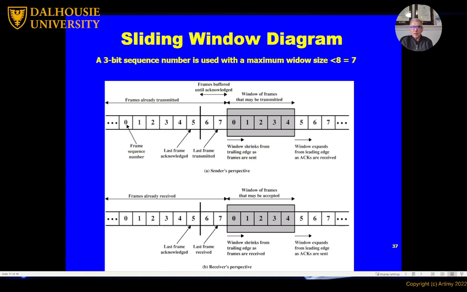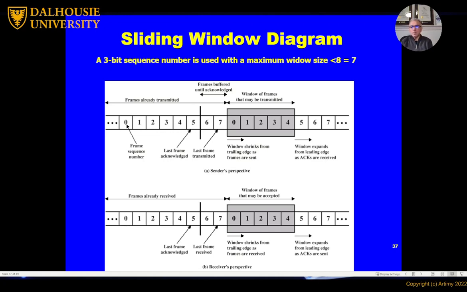That number depends on how many bits we use to represent the frame number. In stop and wait, we used only 1 bit, so the frame can take number 0 or 1. If I increase to 3 bits, I can number the frames 0, 1, 2, 3, up to 7.